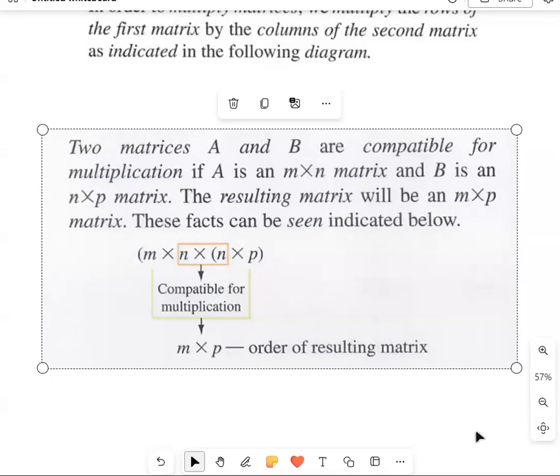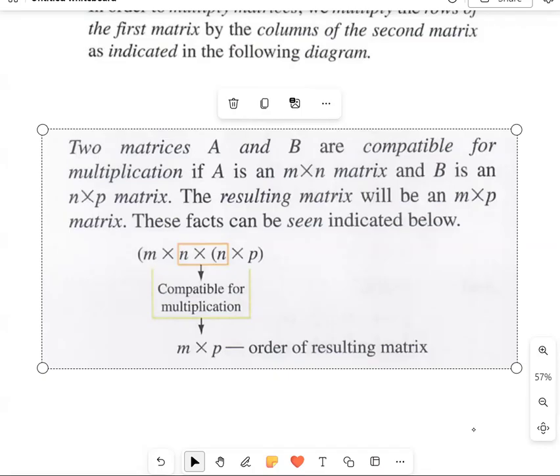They're telling you the two matrices are compatible for multiplication, meaning you can only multiply them if the first matrix is of the order m by n, and the second matrix is of the order n by p.